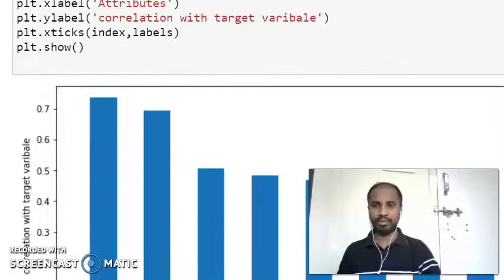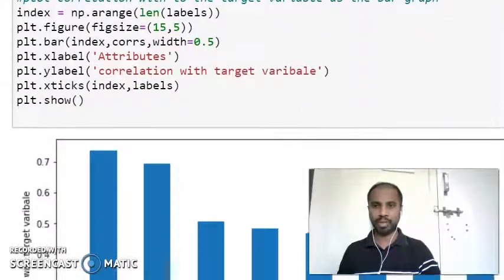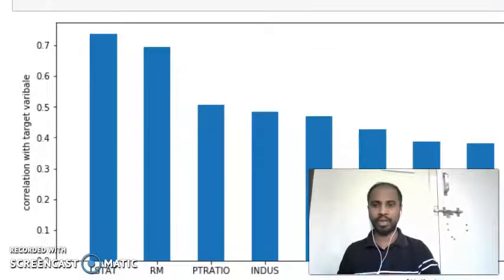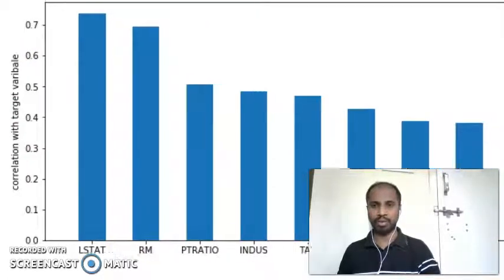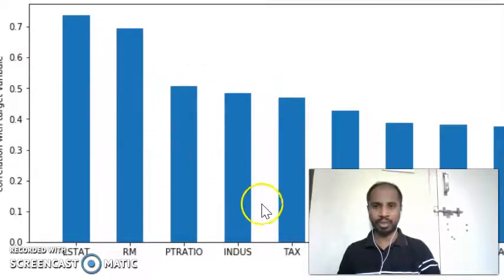When I print the attributes with the target value, LSTAT has the highest correlation with the target variable. After that RM, the number of rooms, and after that PTRATIO.